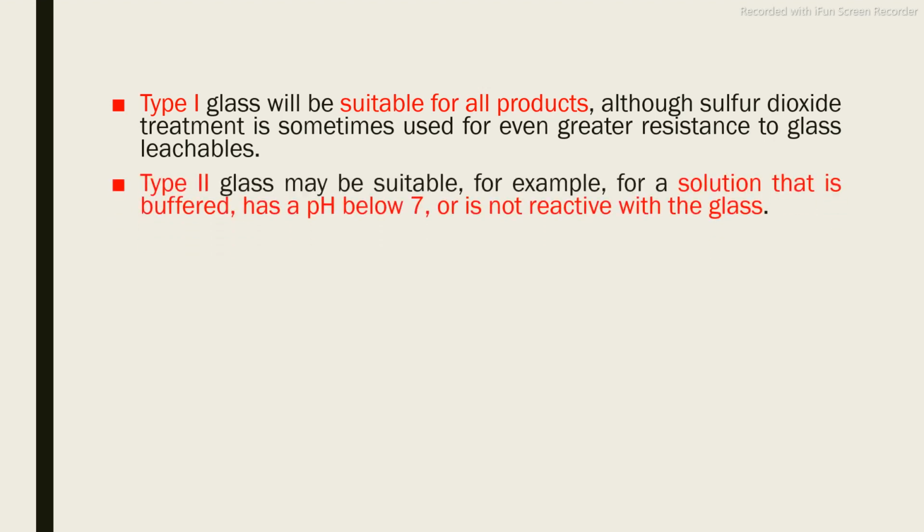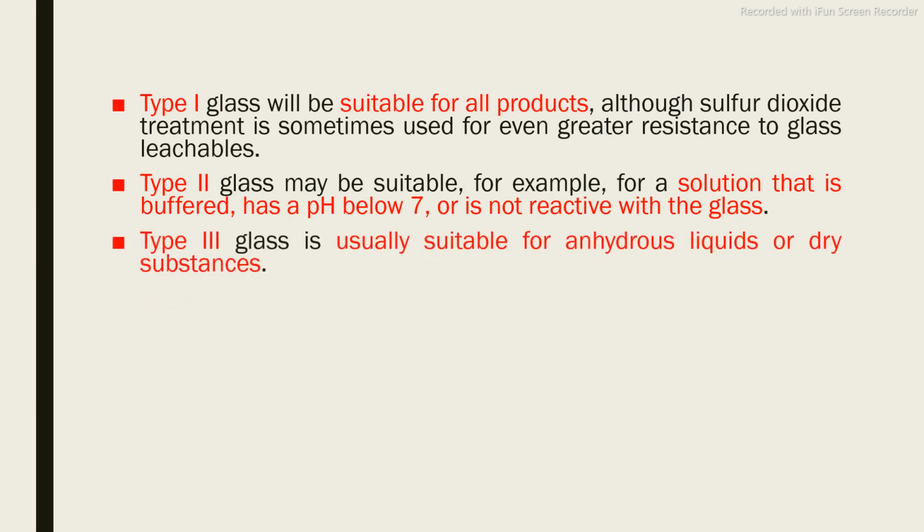As compared to that, type 2 glass is useful for solutions that are buffered and have a pH below 7, or are not reactive with the glass. So only those preparations which do not react with the glass material will be added into type 2 glass.